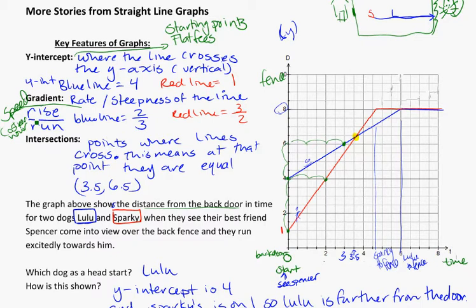So the gradient, or the rate, $100 per hour for the more expensive plumber will be steeper than for the less expensive plumber. And the intersections are points where the lines cross, and this means that they're both exactly equal to each other. So don't forget, we want to think about those 3 key features when you're trying to describe a story on a straight line graph.